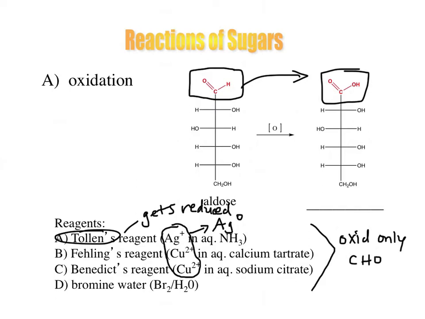And so what you'll see in your test tube is, if there's an aldehyde and it gets oxidized, therefore reducing your reagent, you see a silver mirror build up on your test tube. Your test tube actually gets a coating of silver on it. For that reason, they call Tollens the silver mirror test.